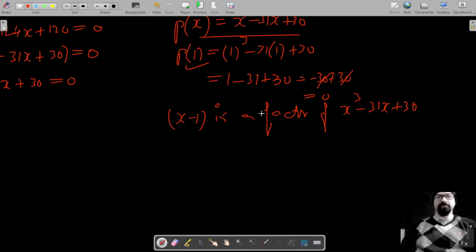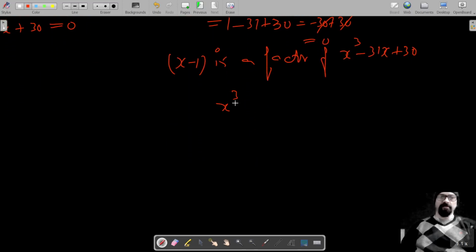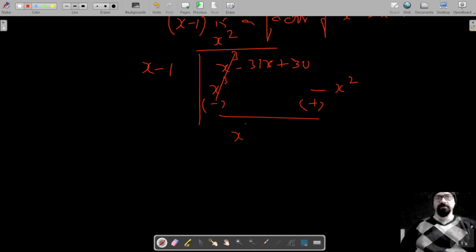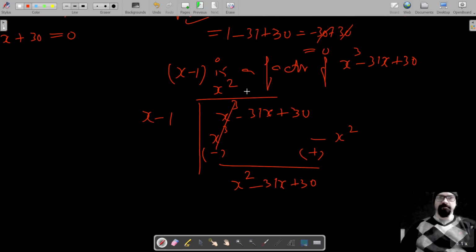Now, since x minus 1 is a factor of x cubed minus 31x plus 30, let's divide by x minus 1 to get the other factors, using the long division method. This is x cubed minus x squared. Subtract them, and we get x squared minus 31x plus 30.